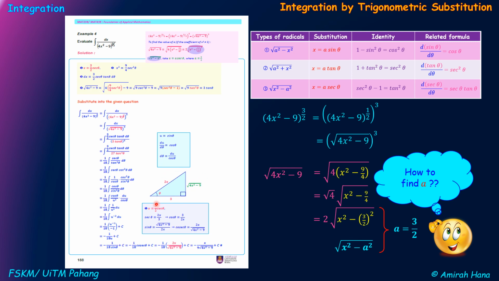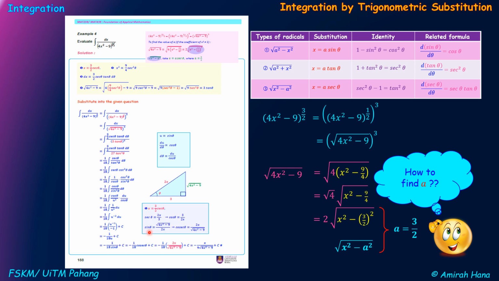Kalau awak compare dekat yang tadi, kita nak tulis cosec theta in terms of variable X. So daripada sini, all three side ni kita perlu cari cosec theta. Cosec theta ni adalah reciprocal function for sin theta. So kita cari dulu sin theta.